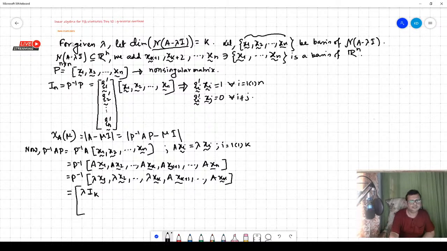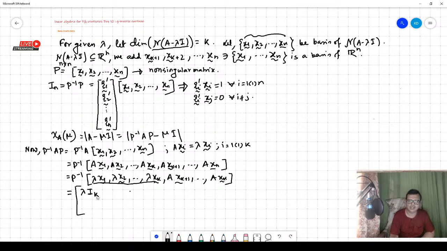We see that xi1 prime lambda x1 curl is lambda xi1 prime x1 curl, which is lambda. Similarly, up to xik, it gives lambda 0 0 0 in the first row, secondly 0 lambda 0 0, and so on up to k.